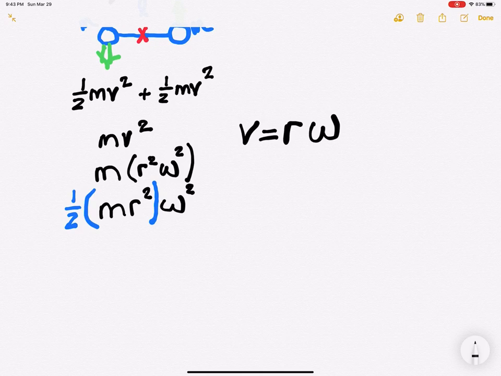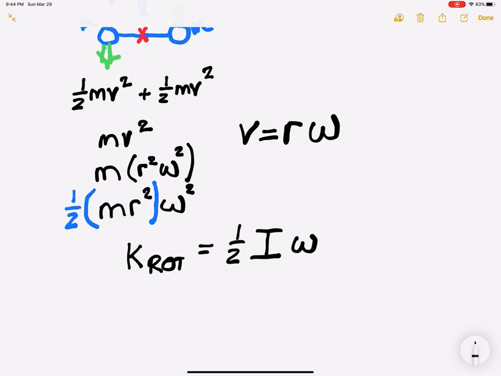So I can then write that the kinetic energy of rotation will be equal to 1/2 the moment of inertia omega squared.